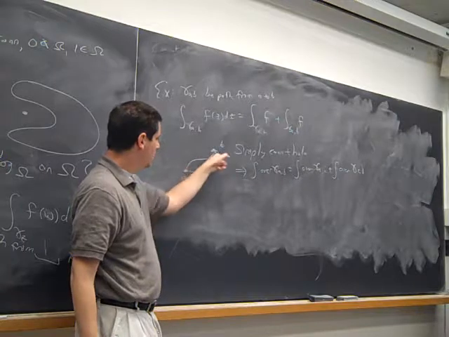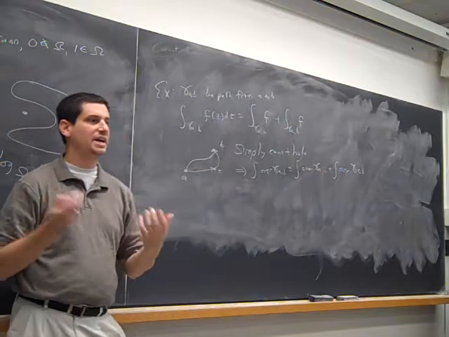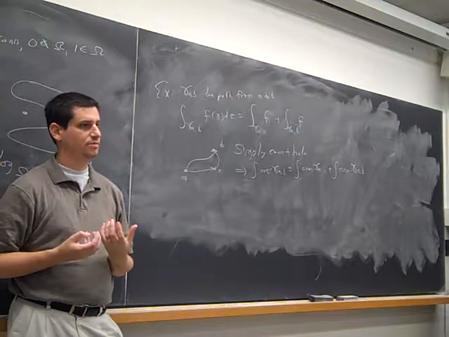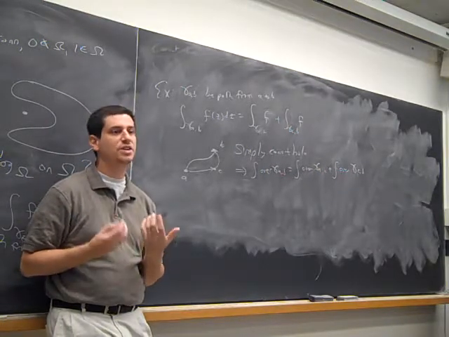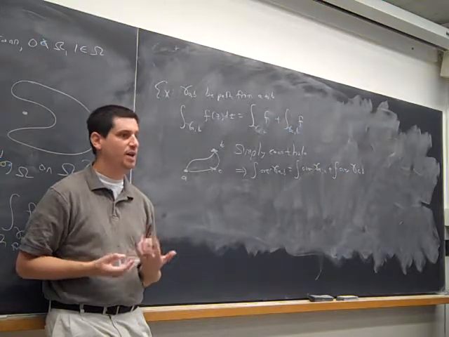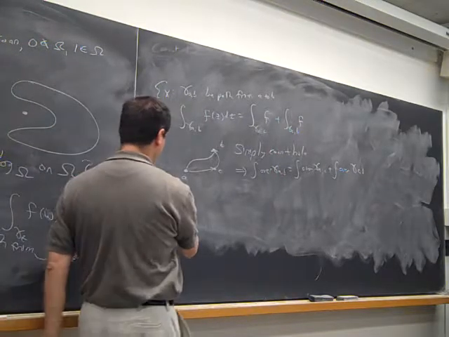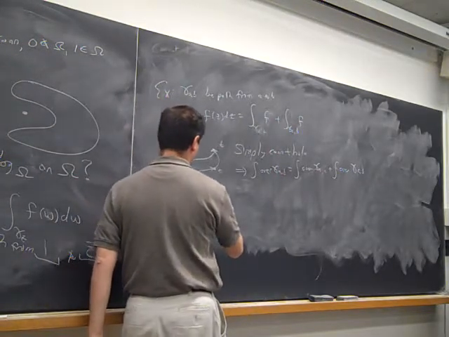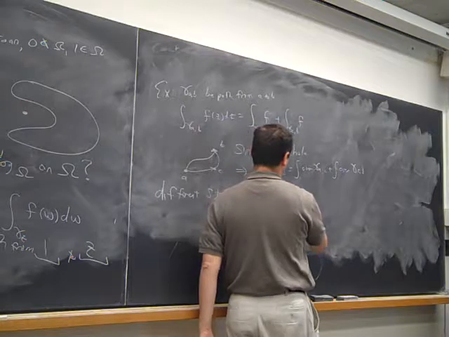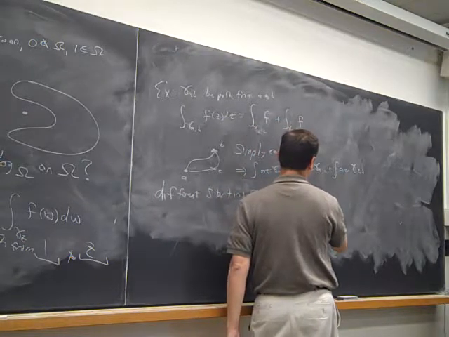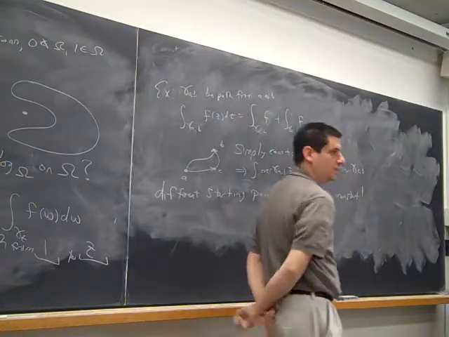So the only difference between the integral from A to B and the integral from C to B is this little bit of the integral from A to C. But we're adding that to every single choice. And if we're adding it to every single choice, it's just a constant. So all we've done is we've changed the antiderivative, or we've changed the primitive, by a constant. So it's not a big deal where you choose your starting point. So different starting points give differences of a constant. Okay, that's not so bad.